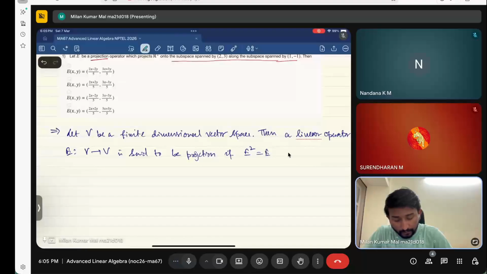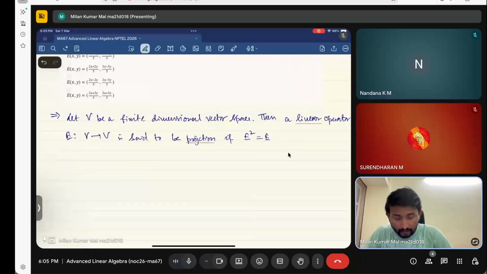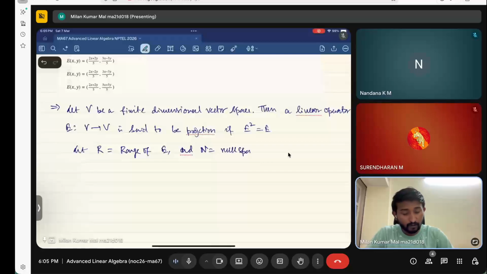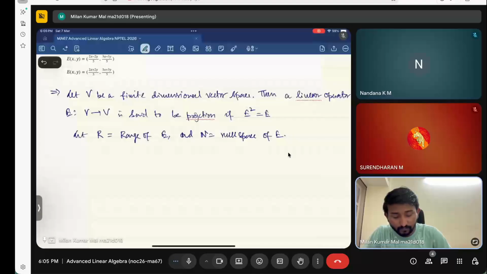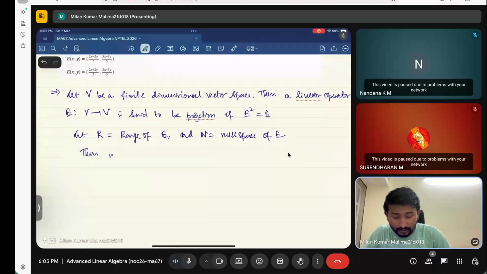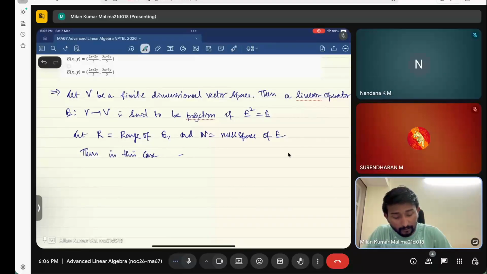So let R equal the range of E, and N equal the null space of E. Whenever E is a projection operator, and R and N are the range and null space of E, then R intersection N must be the zero space, and V equals R plus N.